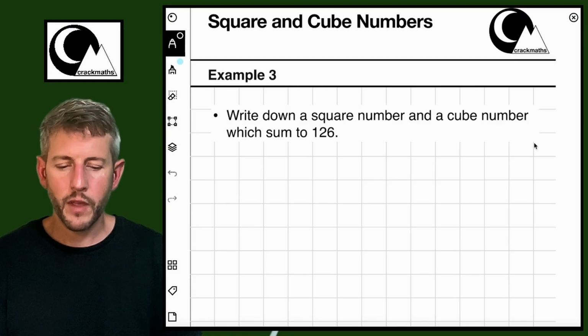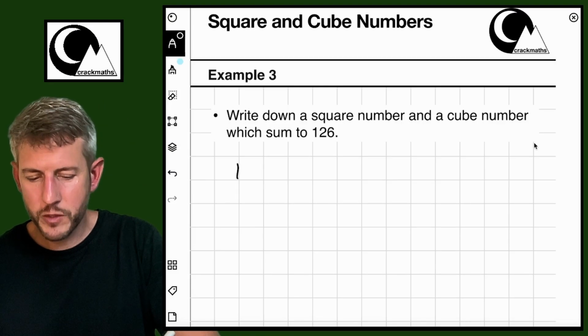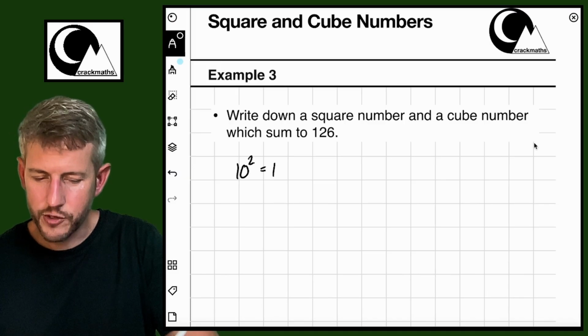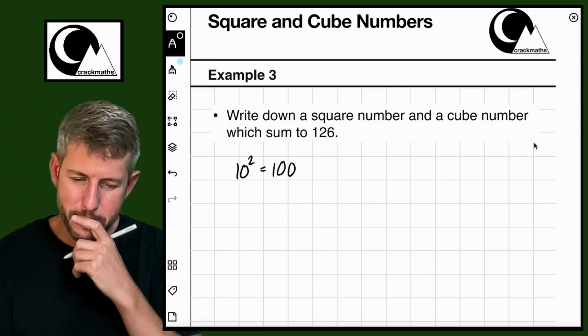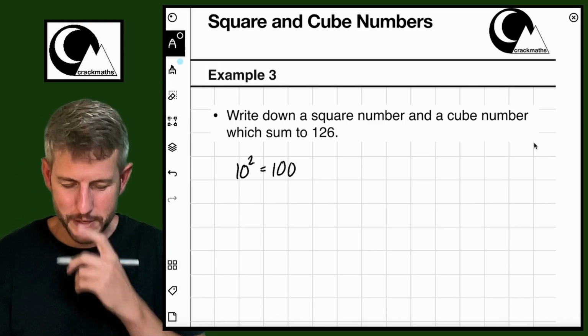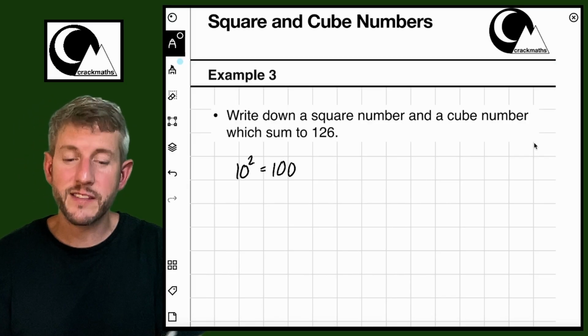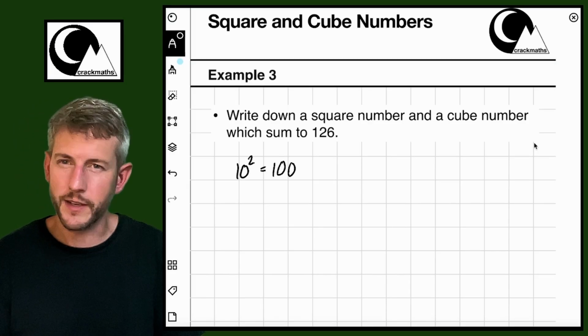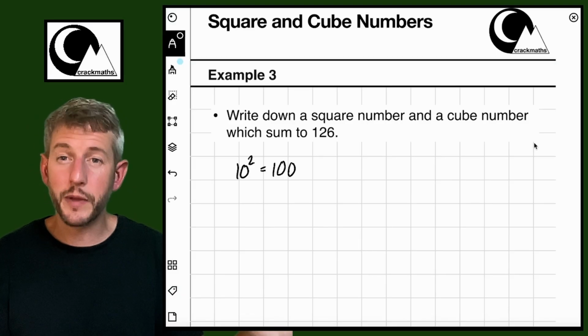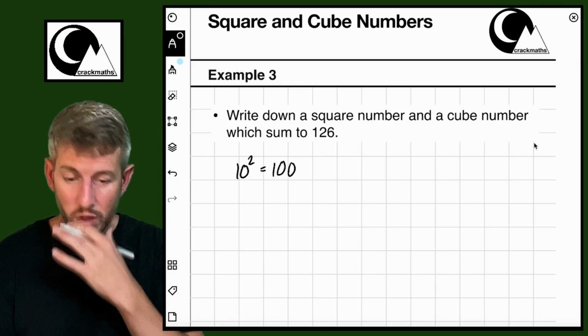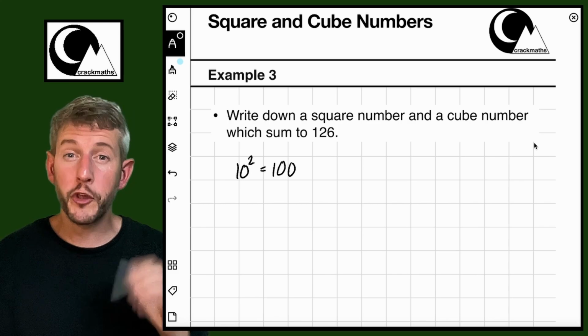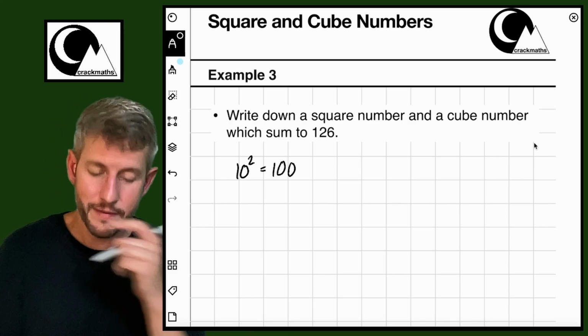I know that we could have 10 squared, which is 100. I don't think that's going to work, because that would need to be 100 add 26. So that's no good because 26 isn't a square number. Well, it's not a cube number even. The cube number that's close to 26 is 27.